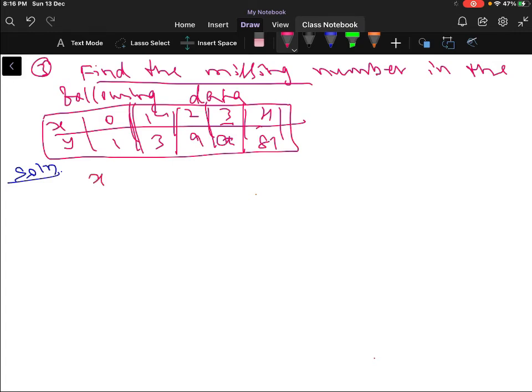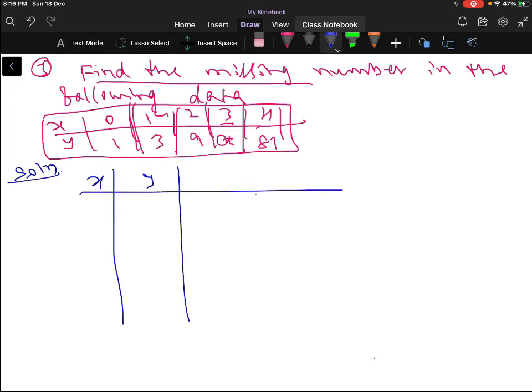So you take the x and y values in the table. 0, 1, 2, 3, 4. Y values are 1, 3, 9, a, 81.